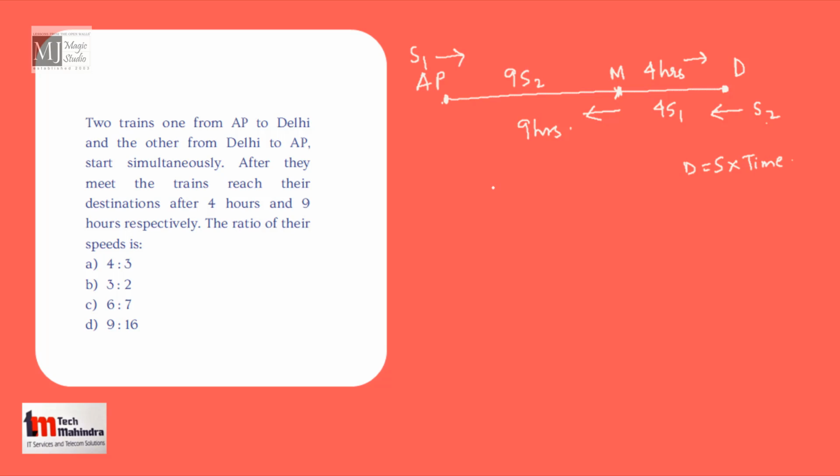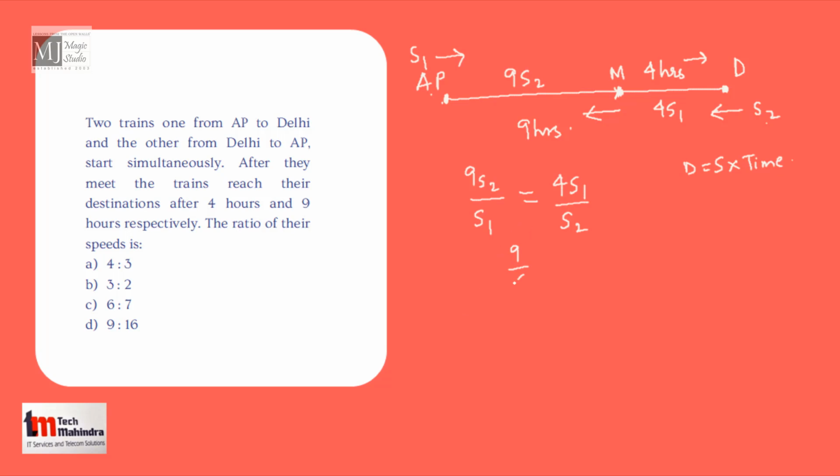Now, the key point: both started at the same time and they meet at M. That means the time of travel by both trains should be the same. The AP-bound train travels 9S2 distance at a speed of S1, and in the same time the Delhi-bound train travels 4S1 distance at a speed of S2.